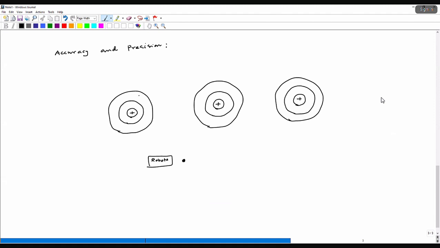In one situation, you get these objects placed something like this. In another case, the robot places the object something like that. And in another case, the robot places the objects something like that.